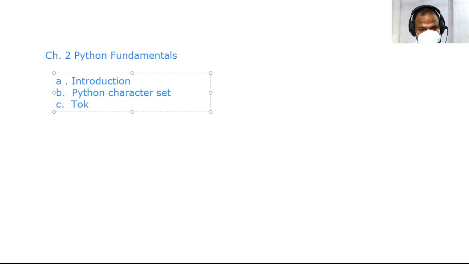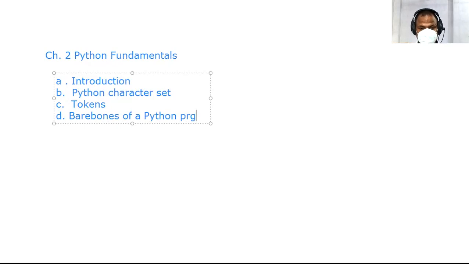the individual units of Python programming, and the next one is the bare bones of a Python program. Let me write it in short. The basic structure of a Python program that we will use here.